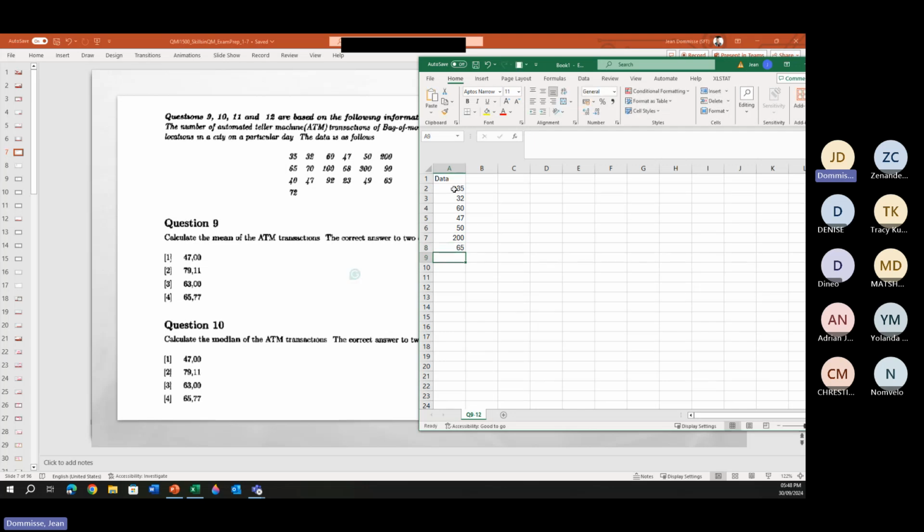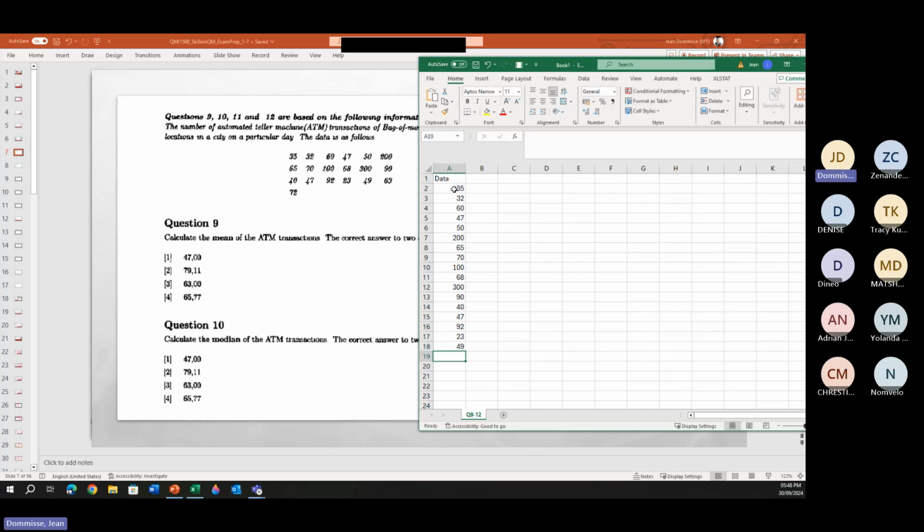There's no way you can do this really without using a calculator or Excel, because to work out this with a formula is going to be very, very difficult and will take you very long.